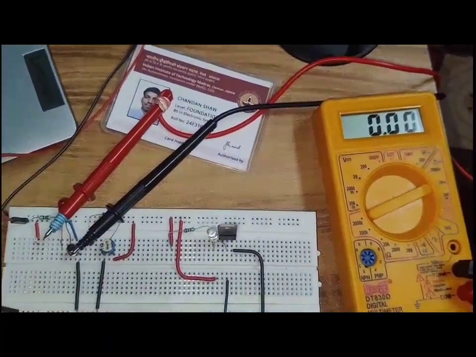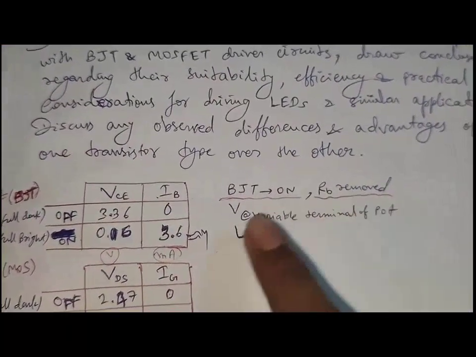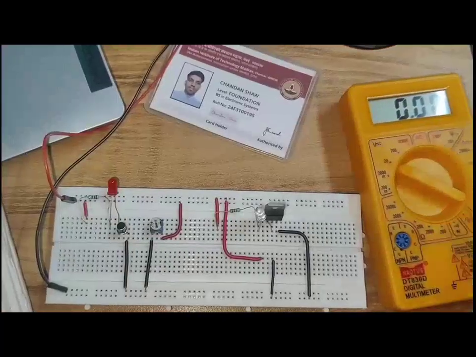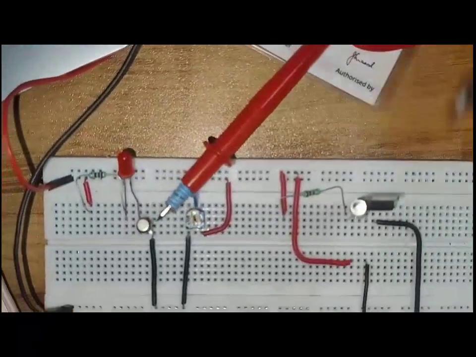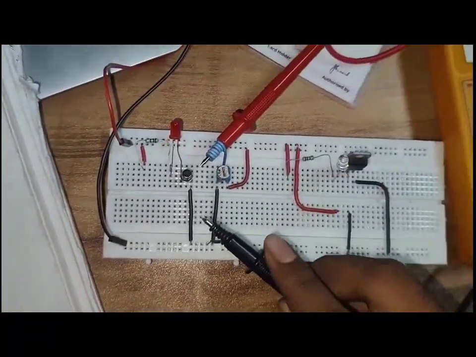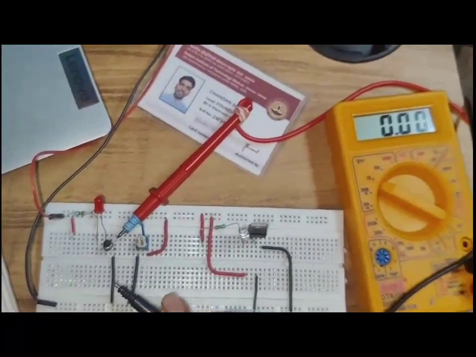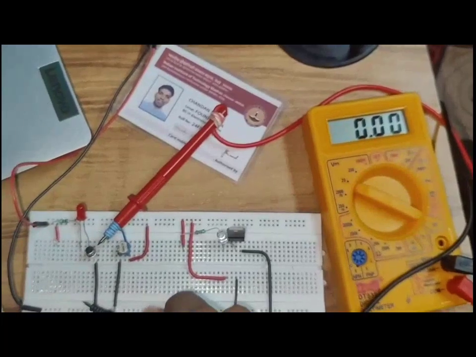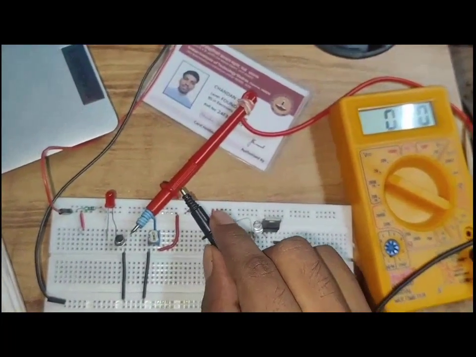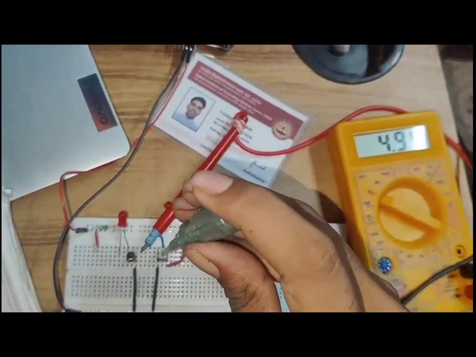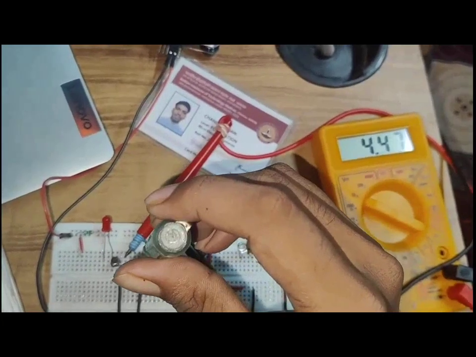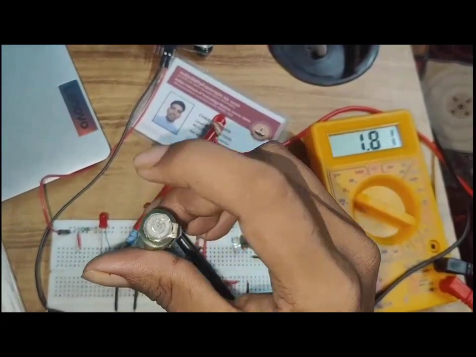We are getting BJT. Now RB is removed. You can see the middle terminal is connected, and the leftmost terminal voltage, because it is in the very left position, so it is not showing 4.94. Now we are going to increase the resistance, and now you can see the changing.